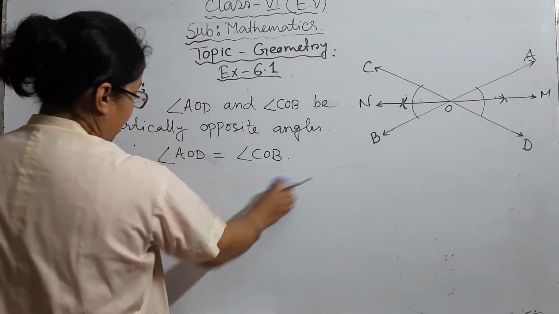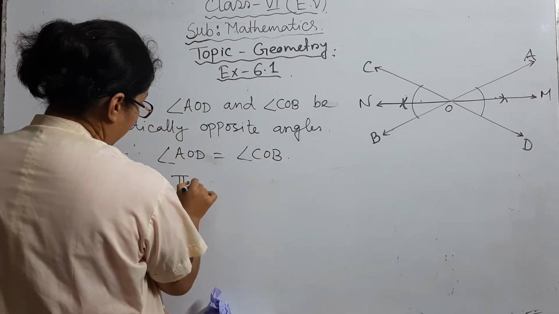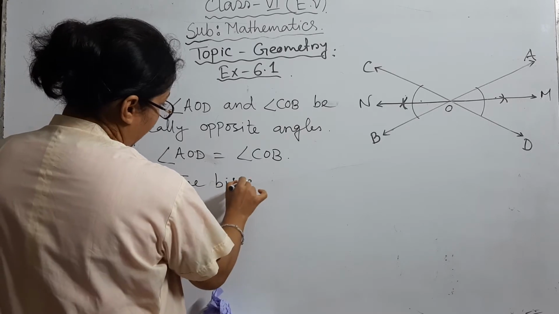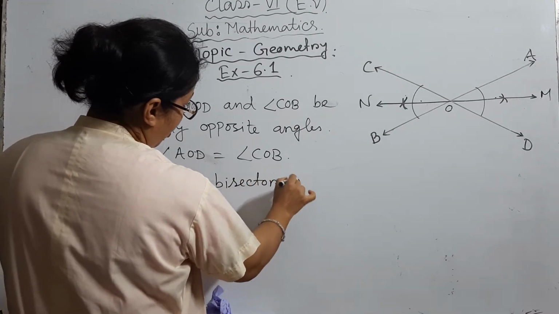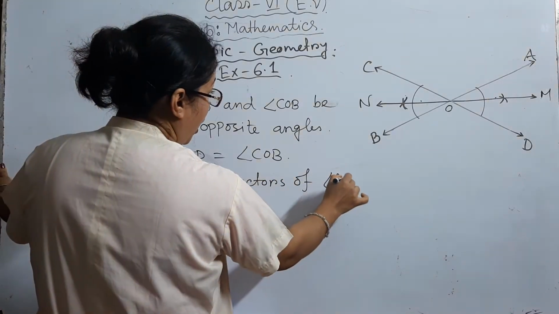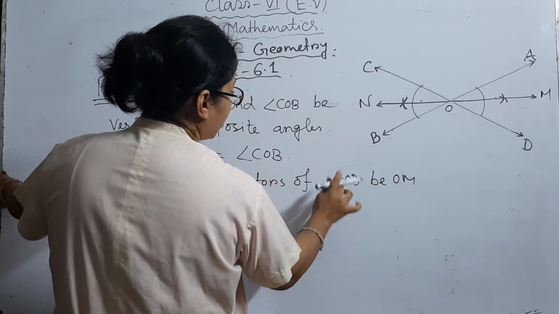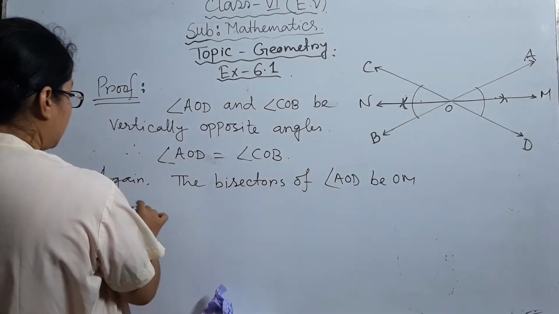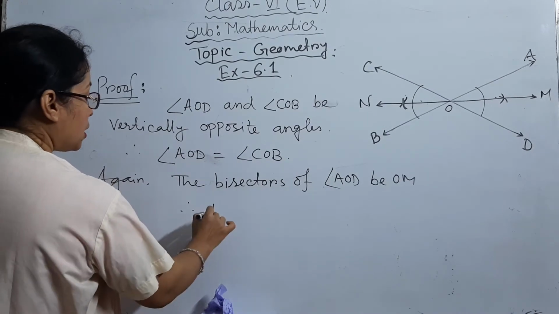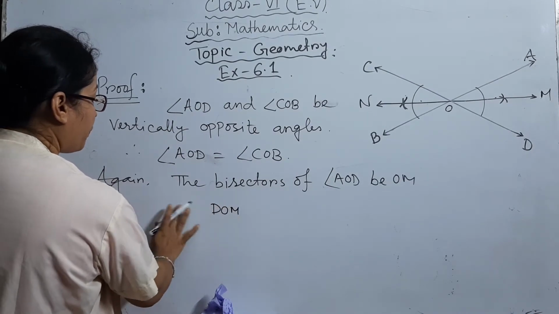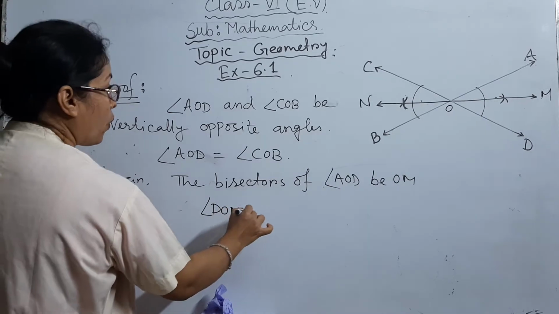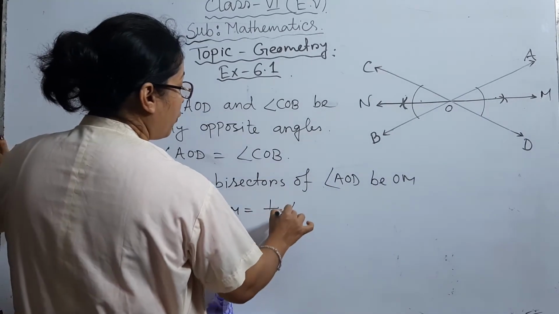The bisector of AOD is OM, and that is, angle DOM equals half of AOD.